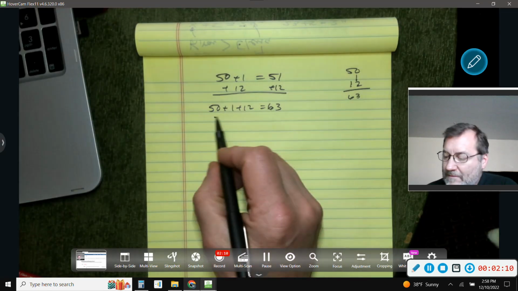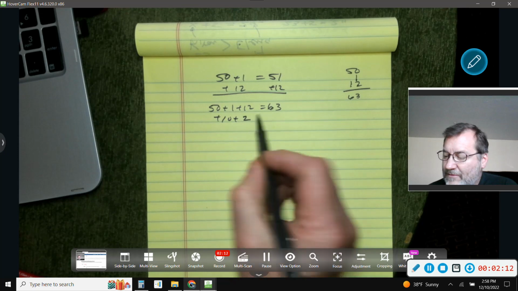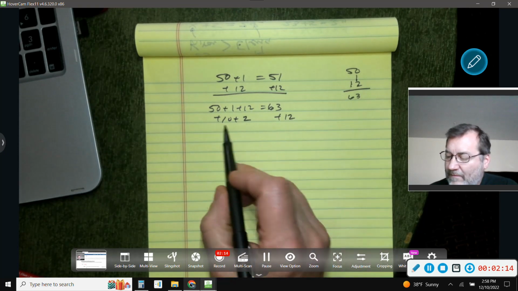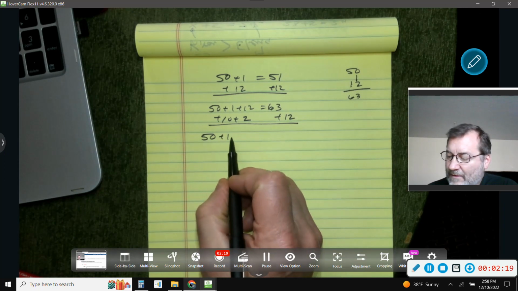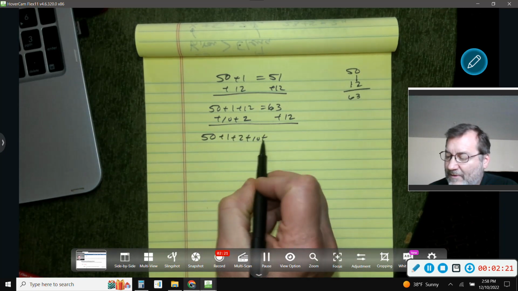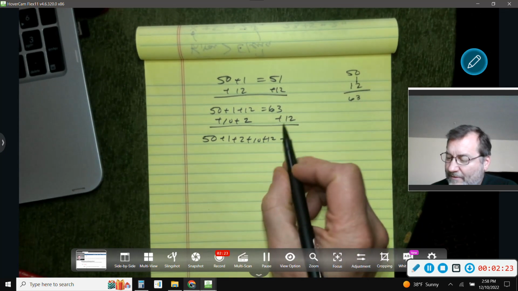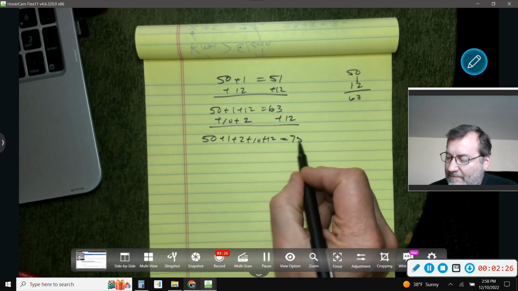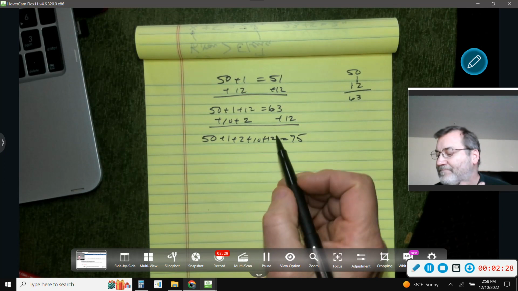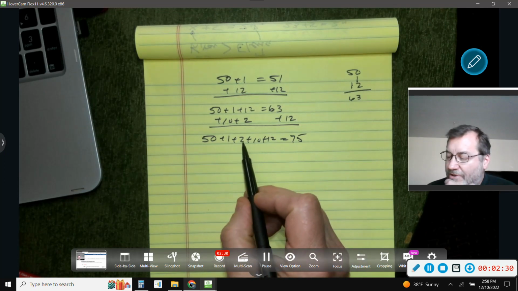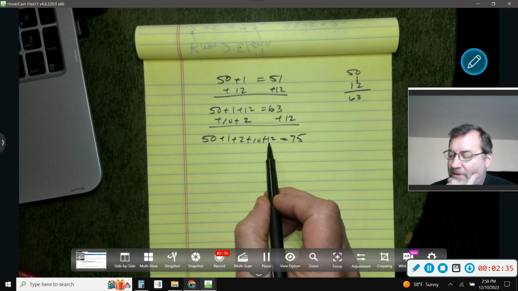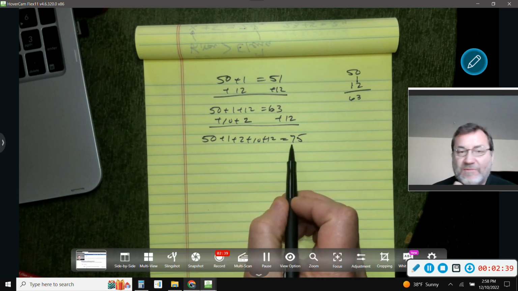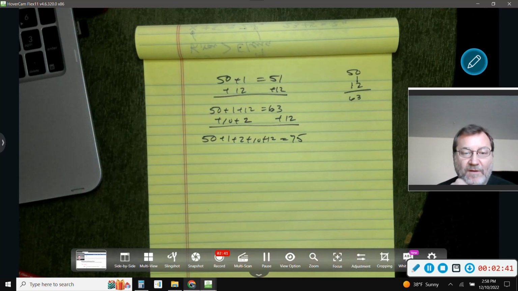So 50 plus 1 plus 2 plus 10 plus 12 equals, on the other side, 75. So we can count this up. 1 and 2, that's 3. 3 and 10 is 13. 13 plus 12 is 25. 25 plus 50, it's still 75. We still have maintained our equality.